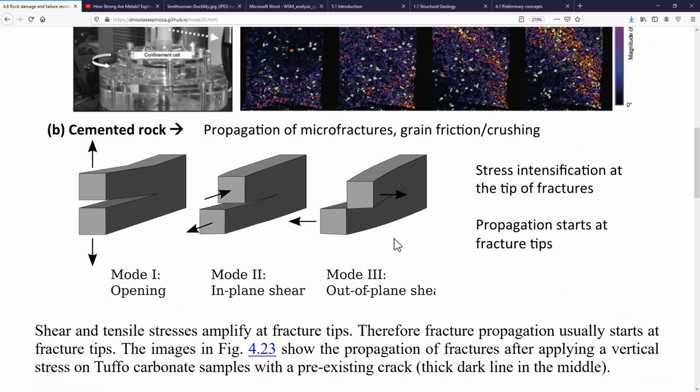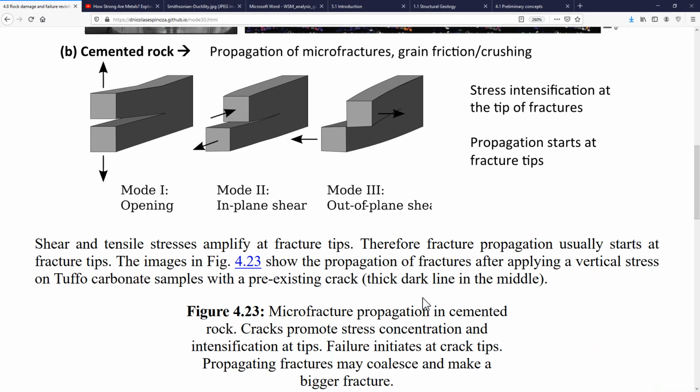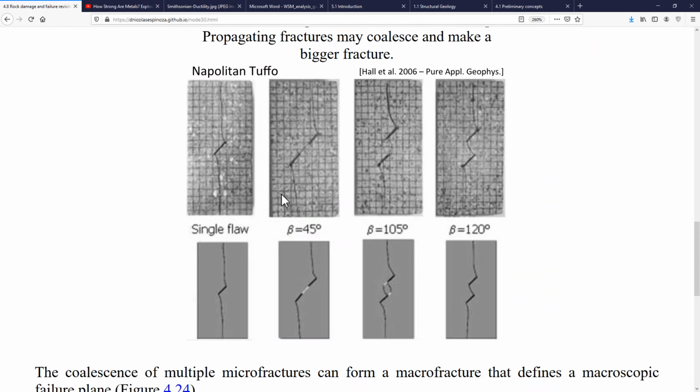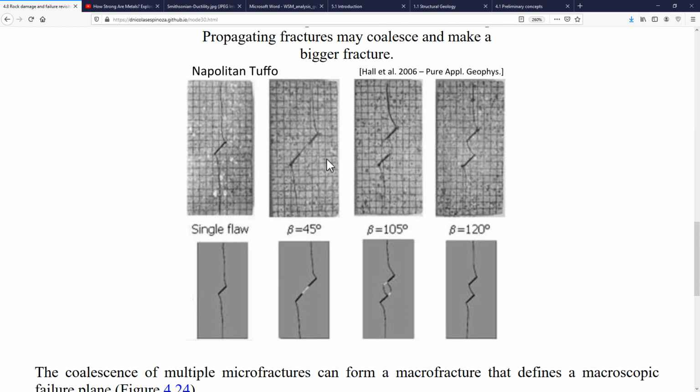When we load a rock in nature, in the field, or in the laboratory, actually what happens is that many times we are, for example, stressing the tips of pre-existing fractures that later, as they join with other small fractures, create a big fracture, and that's what we eventually see at the larger scale.